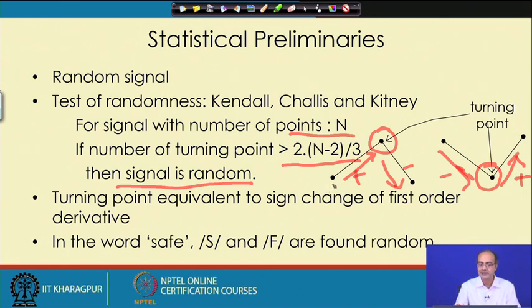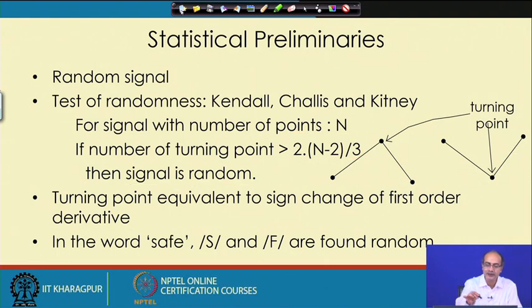So, that is a test given by the statisticians, and that is a handy tool to determine whether the signal at hand is random or not. We can say that a turning point is equivalent to a sign change of the first order derivative, which could be given as another definition of it.